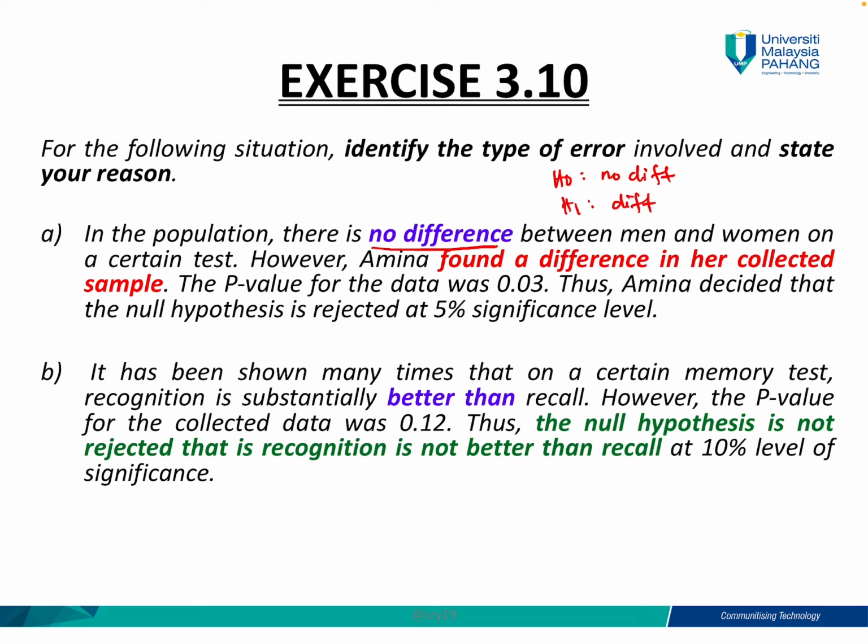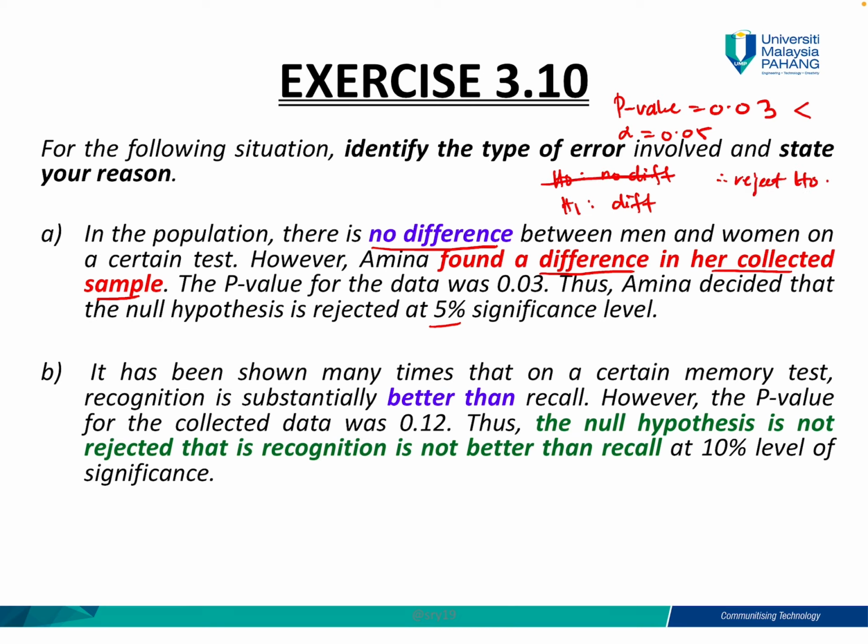However, Amina found a difference in her collected sample. The p-value for the data was 0.03. So Amina decided that the hypothesis is rejected at 5% significance level. So alpha is 0.05. Since the p-value is less than alpha 0.05, reject H null.